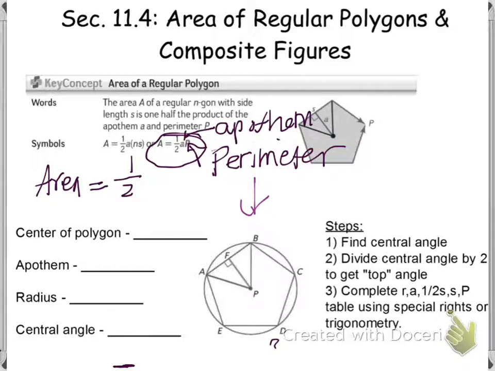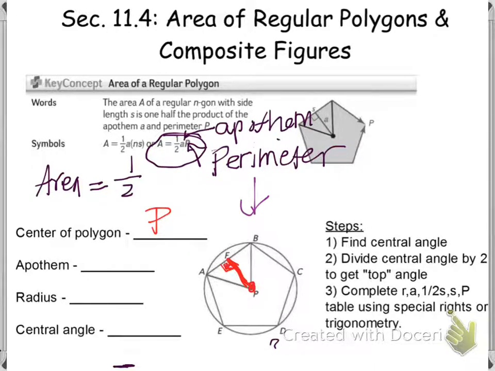And so within this we'll have the center, which is going to be P. Okay, and then we get into this term that you haven't really seen before, and this term is called the apothem. So the apothem is going to be the line or a segment that's drawn from the center to the midpoint of the side of the polygon. So it's a perpendicular segment.